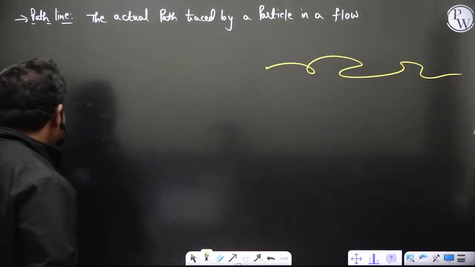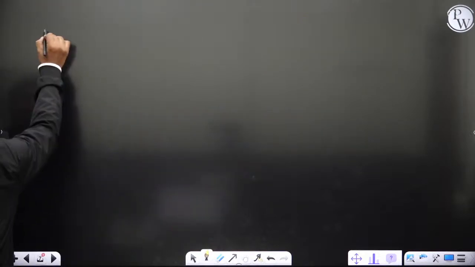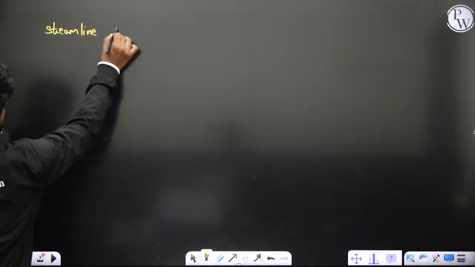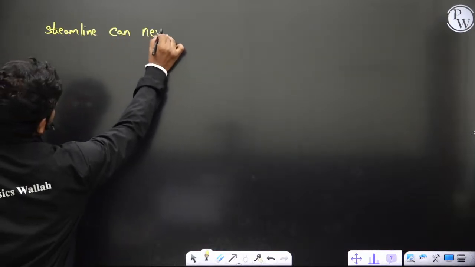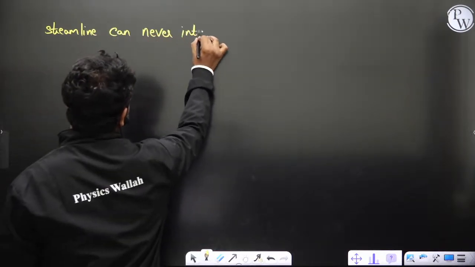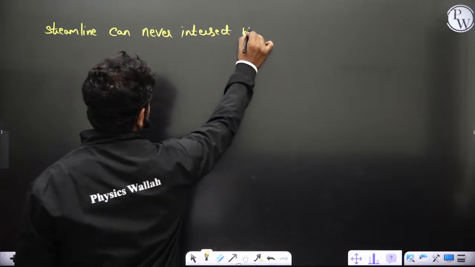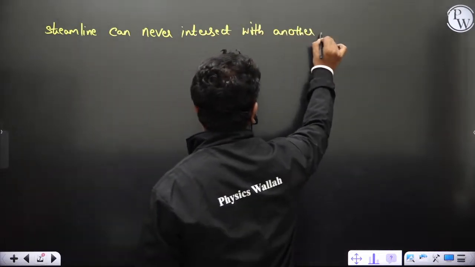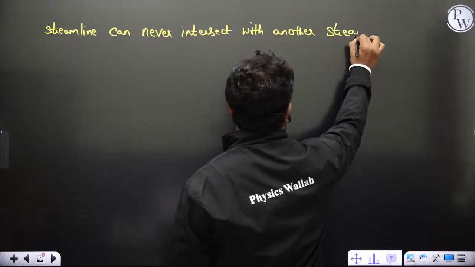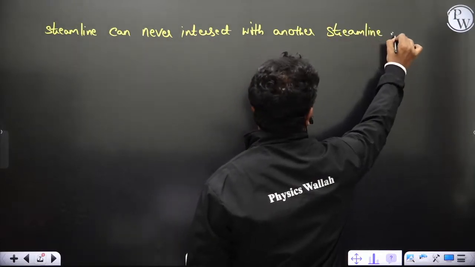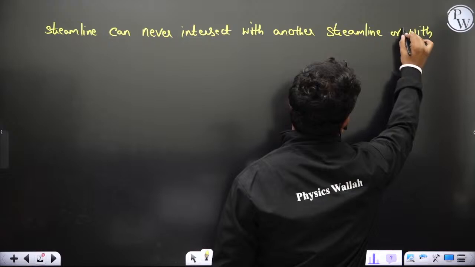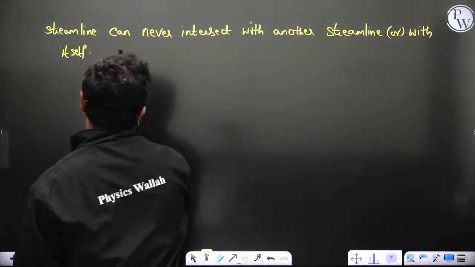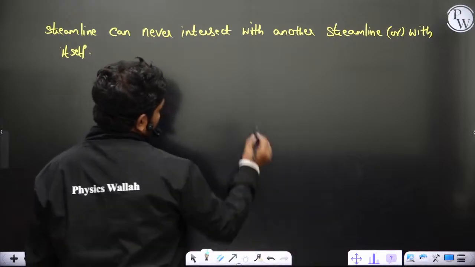One important point I would like to say here is that a streamline can never intersect with another streamline or with itself. Let us suppose why it cannot.